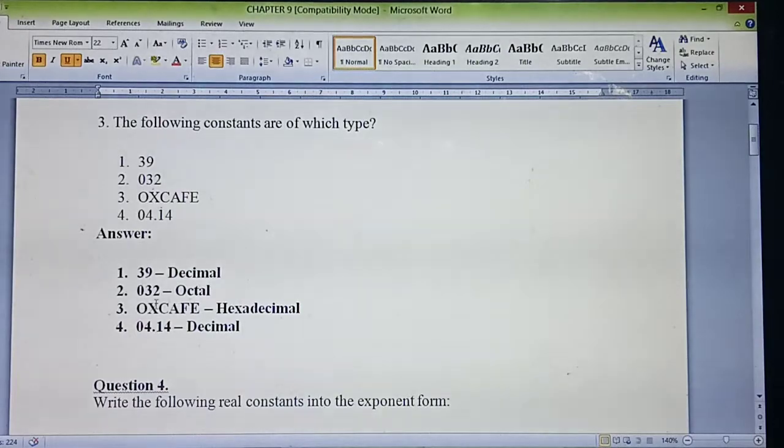39 is decimal. A number starting with 0 means octal. 0x means hexadecimal. Then if a point is there, it is decimal, okay. Write the answer. Write it fast.